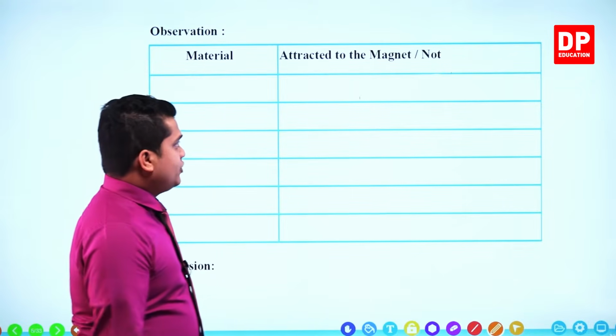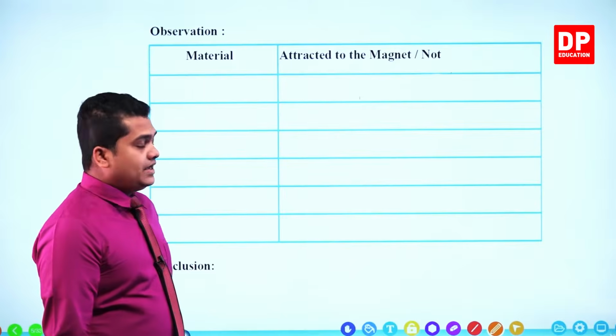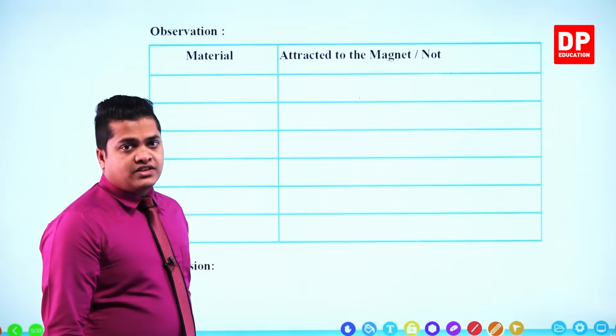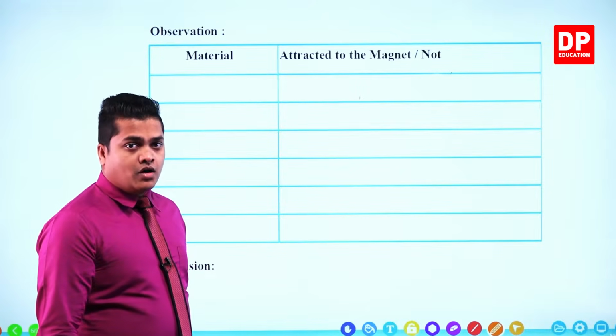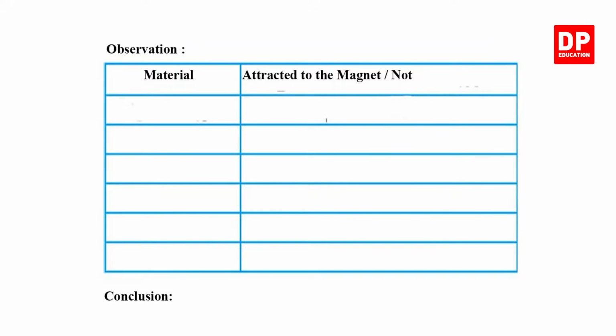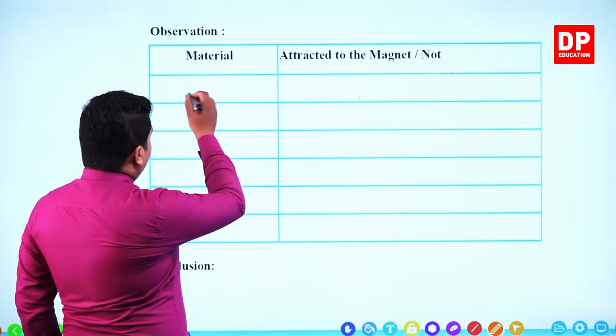So I have given you a table. We'll see how to fill out this table according to our observations. So what are the materials which are given?